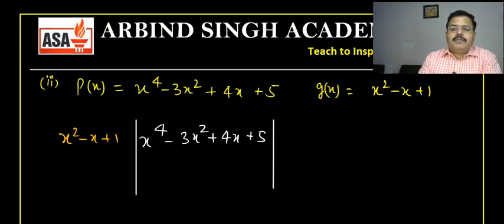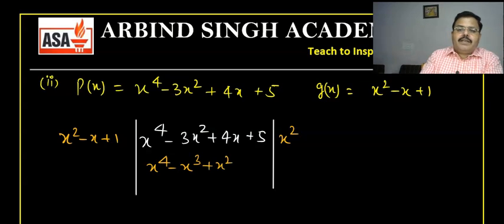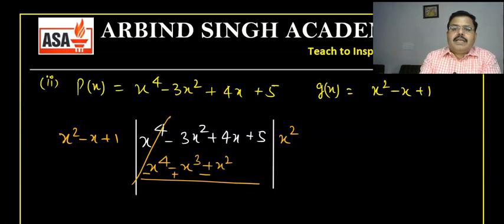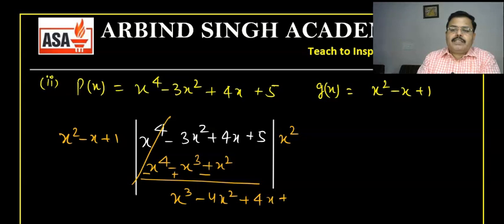What is the first factor by which we can multiply? x square, obviously. So that will be x to the 4, x square multiplied with minus x is minus x cube, and x square multiplied with plus 1 is x square. So that is minus, plus, minus, and this will be cancelled. And for x cube, there is no such term, so we write x cube as positive, and minus 3x square minus x square is minus 4x square plus 4x plus 5.